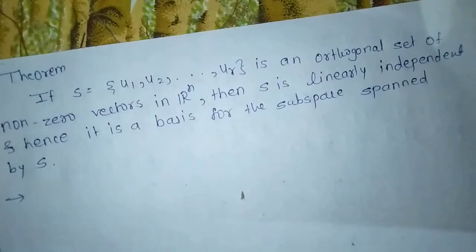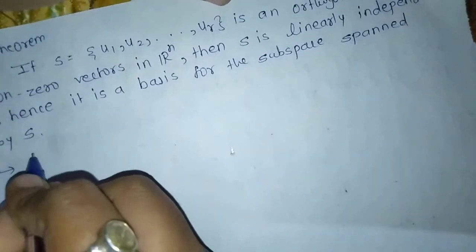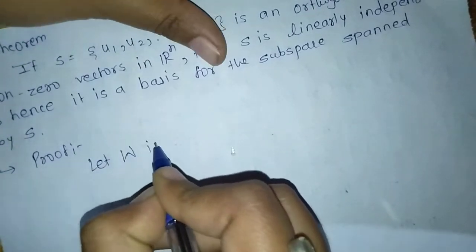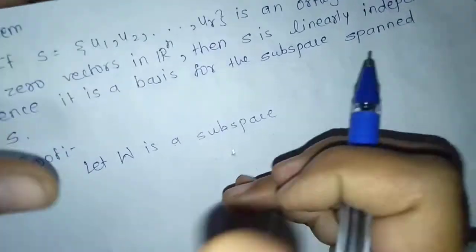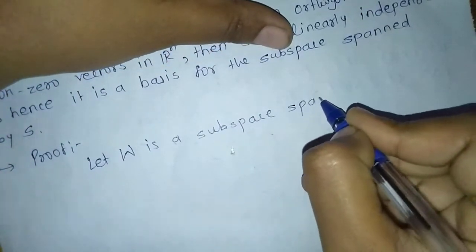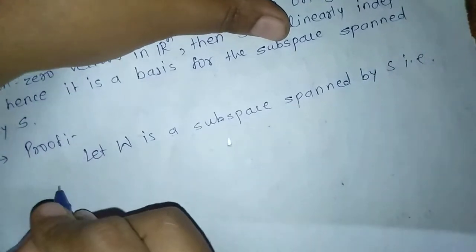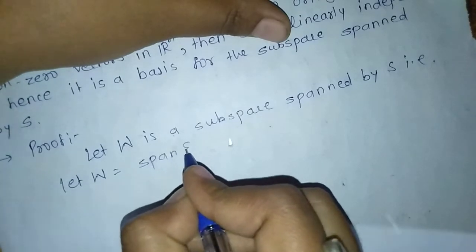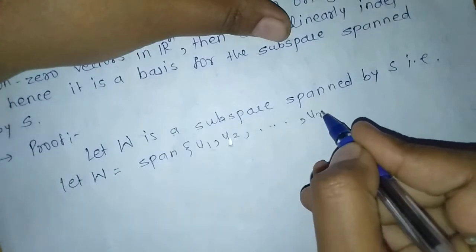First of all, we have to take a subspace which is spanned by S. So proof: let W be the subspace spanned by S. That is, let W be equal to span of {u1, u2, ..., ur}.